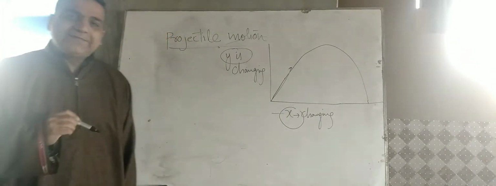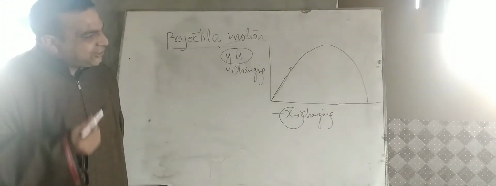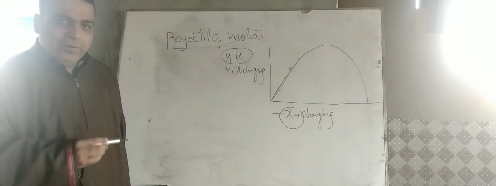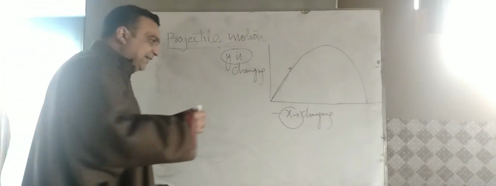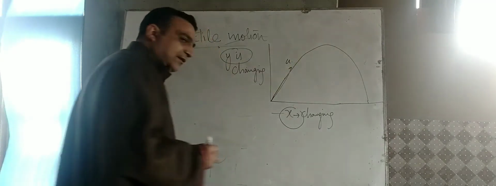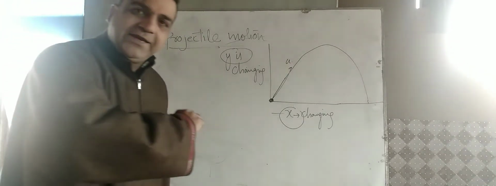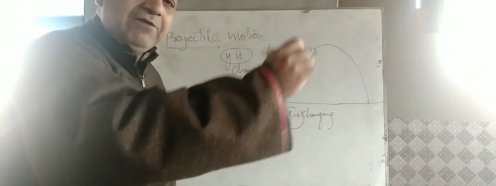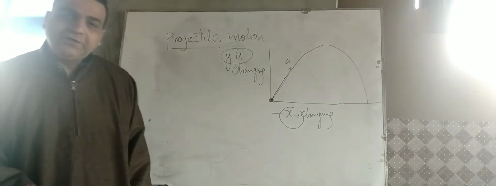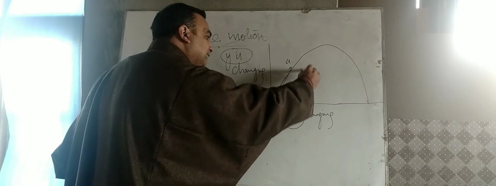Now the point is that this motion is executed in such a way that the body must have some initial velocity. There is a body that has been thrown from this origin with some initial velocity. This body is moving under the influence of gravity alone. The gravitational force is acting on it.